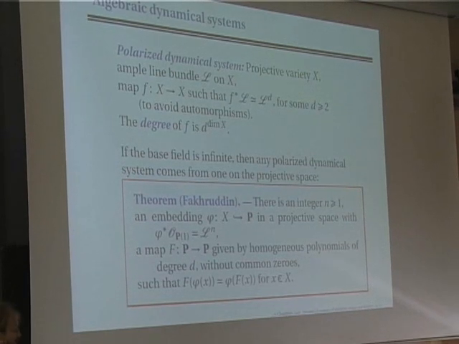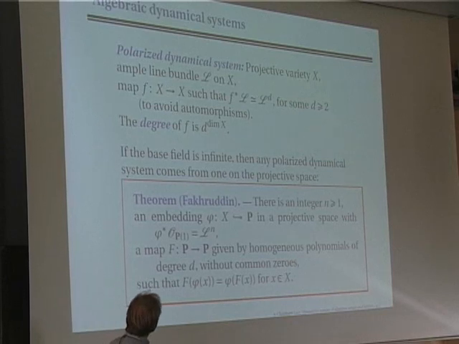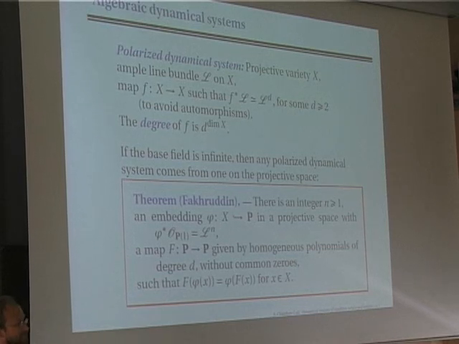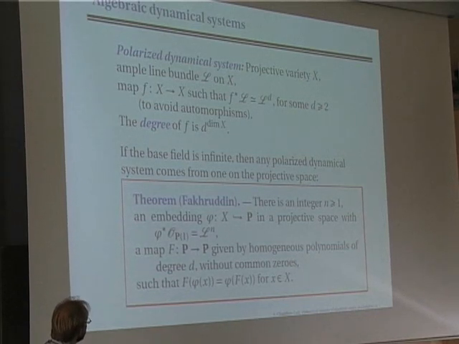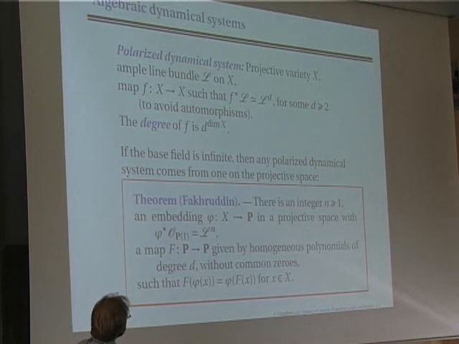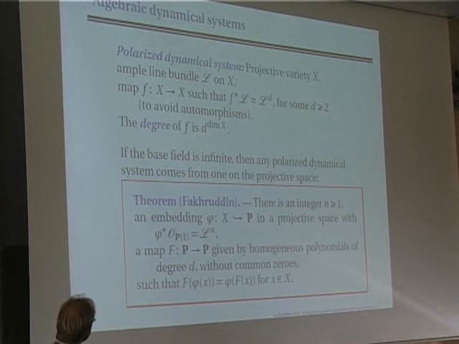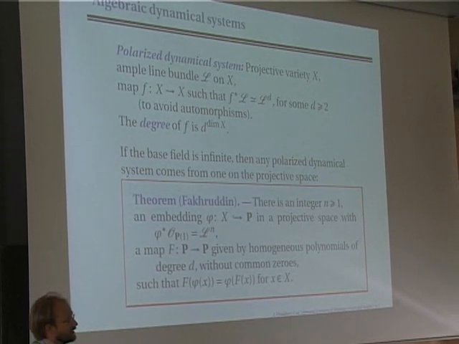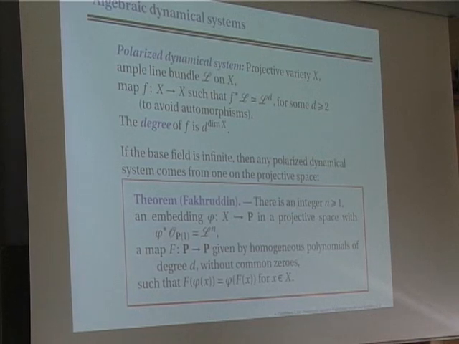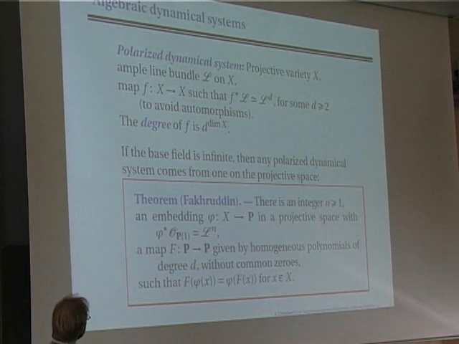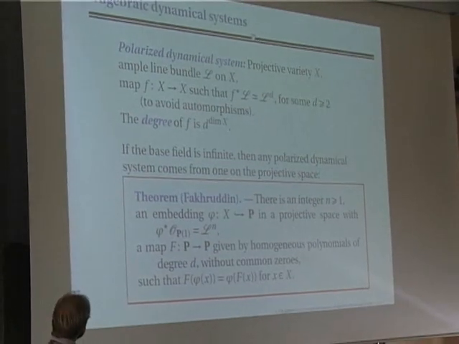But in fact, it's not more general at all, because a very nice theorem of Fakhruddin shows that if one considers any polarized dynamical system like that, there is some integer n, and an embedding of the variety X in a projective space, given not necessarily by the line bundle L, but by some power of it, L^n, and a map f on the projective space.